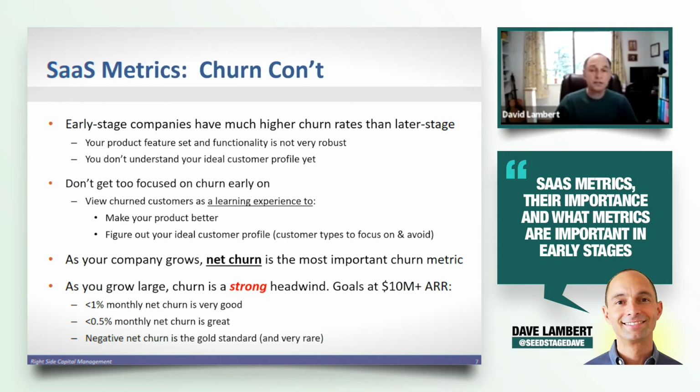And one of the things to understand is what's required to even have net negative churn as a possibility. Well, you have to be able to upsell your existing customer base. So if you have a product where you're charging a single price, and you pay once and then you get to use it as much as you like, your net churn is going to be the same as your revenue churn, because you're generally not upselling your customers.